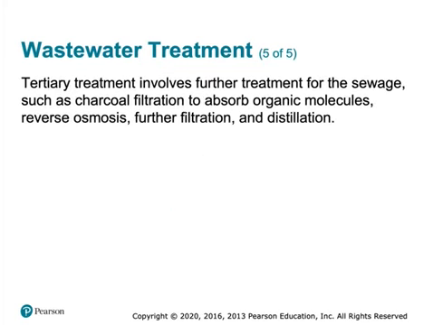Tertiary treatment is not always used, but it can use charcoal filtration or reverse osmosis or various filtration to further clean the water. Tertiary treatment is typically not used in the United States. Various places, like Kihei in Maui, use tertiary treatment because they take the water from the wastewater treatment plant and use it to irrigate the golf course, for instance.